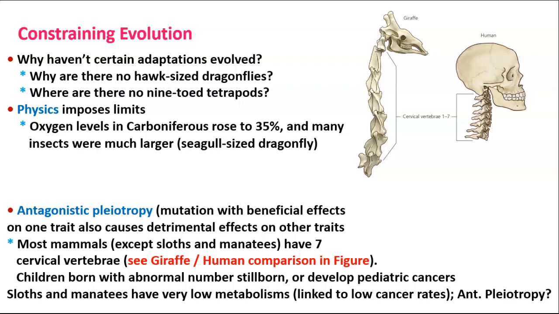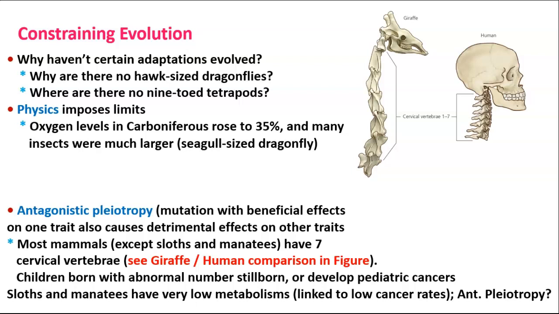Let's take as a point of example mammal cervical vertebrae. So that's what's being illustrated here on the slide and from your book, and an example of how antagonistic pleiotropy may be the reason why almost all mammals have 7 cervical vertebrae in the neck.